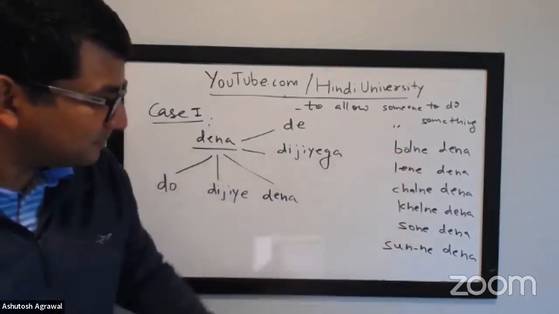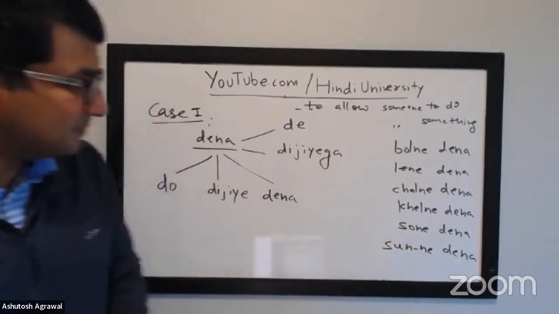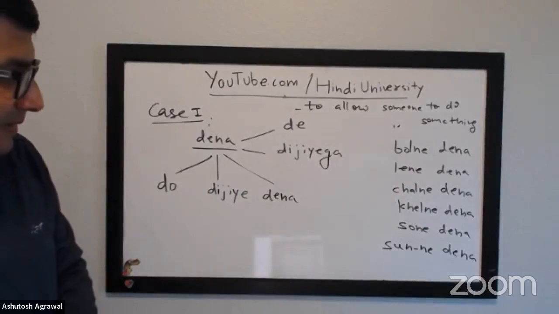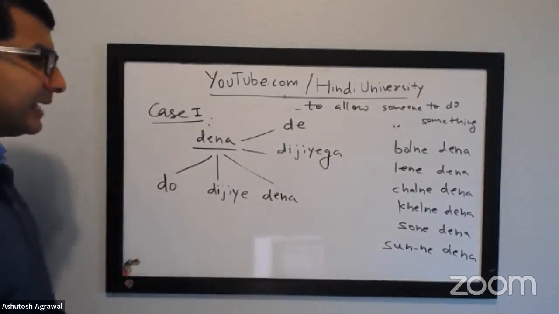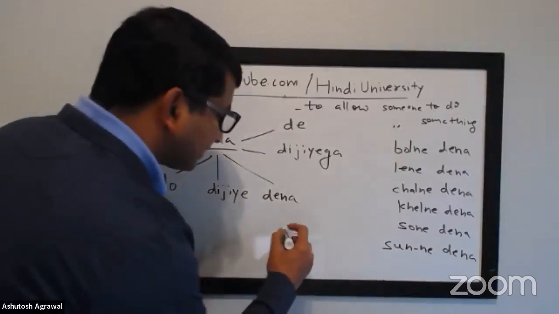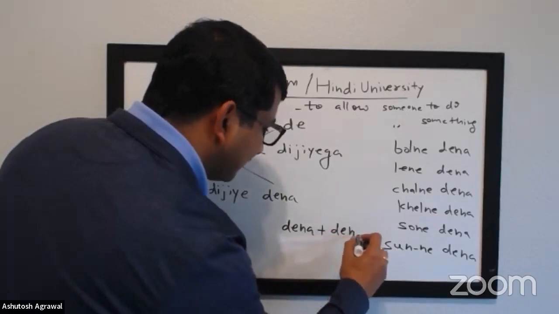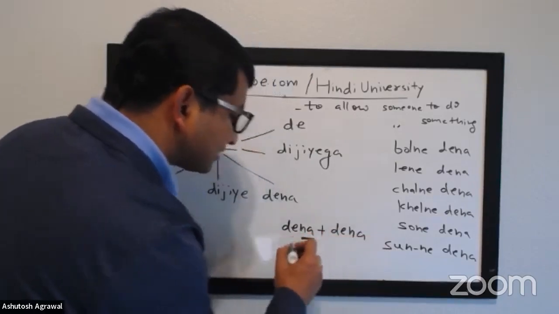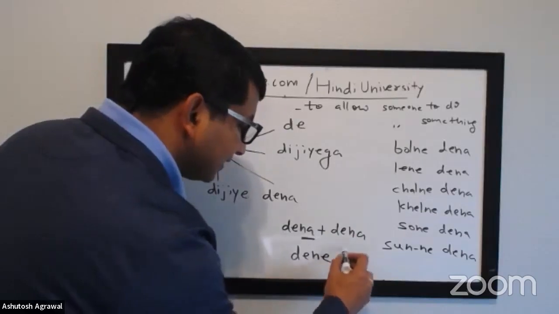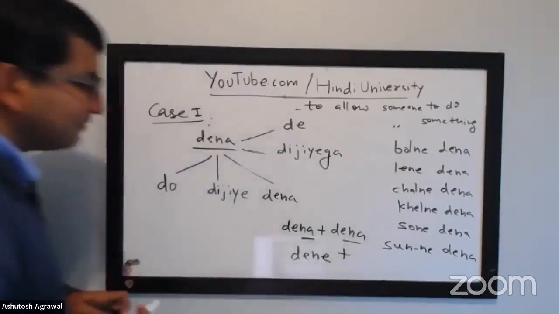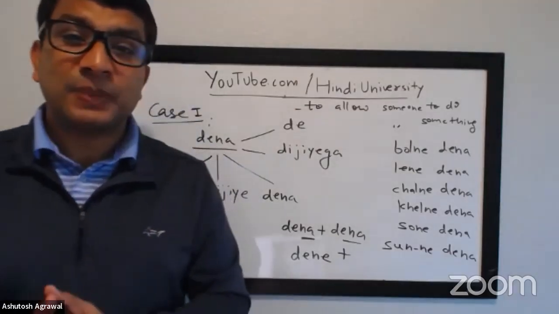Take any. Yes, I was thinking dedo is in this list, to tell to someone dedo. Okay, so if you want to use Dena twice, which is fine, you will change this Dena into Dene plus do. Dene do, right? What do you think it means?